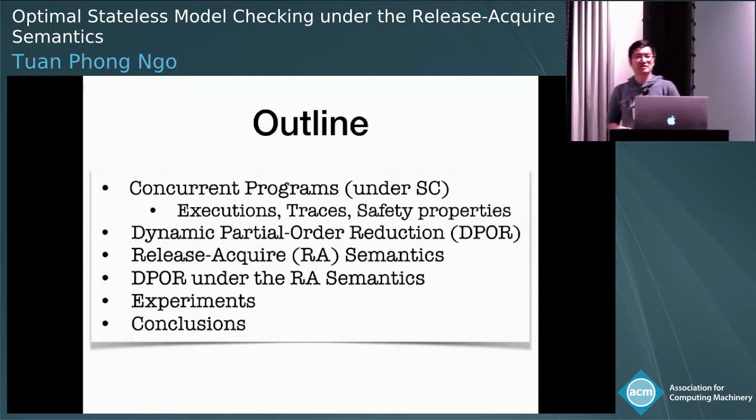And then I will summarize the state-of-the-art dynamic partial order reduction, or DPOR, algorithm that can handle the safety property for concurrent programs. Then we will talk about the release and acquire semantic and explain how we can define our DPOR algorithm for the release acquire semantics. Finally, we will see some experimental results and some future work.